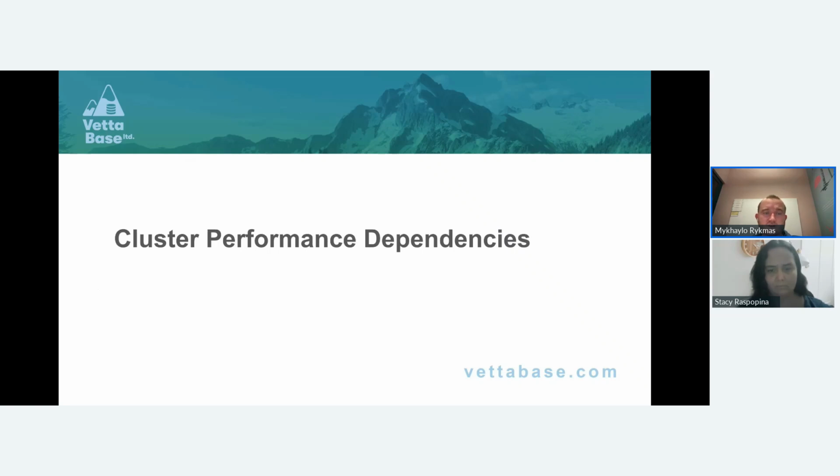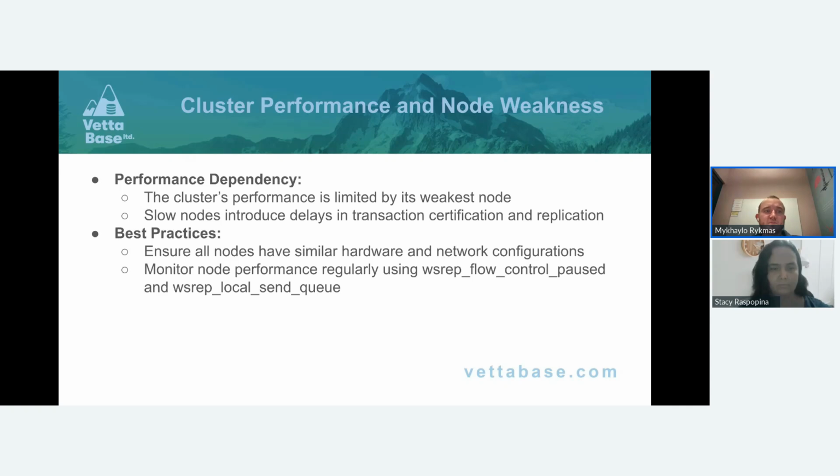Let's talk about cluster performance dependencies. The first performance dependency you should understand is that your cluster performance is limited to the weakest node. What does this mean? You cannot add some very weak node to your cluster, because the overall cluster performance will be the same as the performance of this weak node.